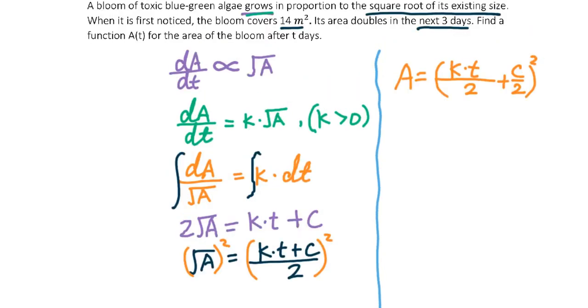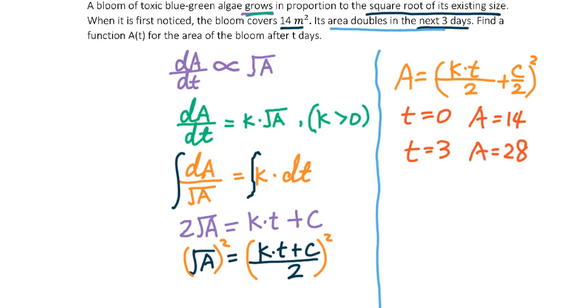According to the given information, when t equals 0, A equals 14. When t equals 3, A equals 28. It says the area doubles in the next 3 days. Substitute back into this equation. You will get 14 equals (c over 2) squared. Take the square root then times 2, you get 2 square root of 14 equals c.